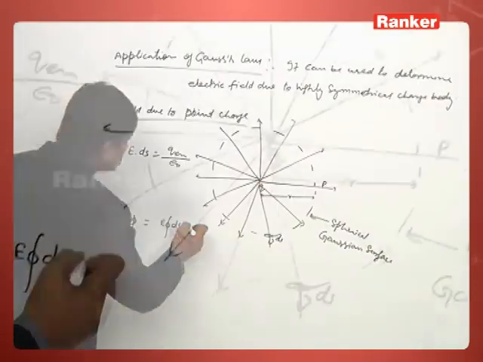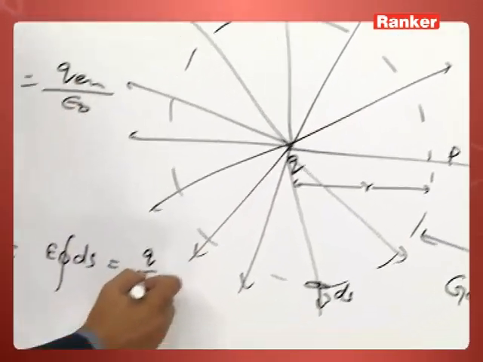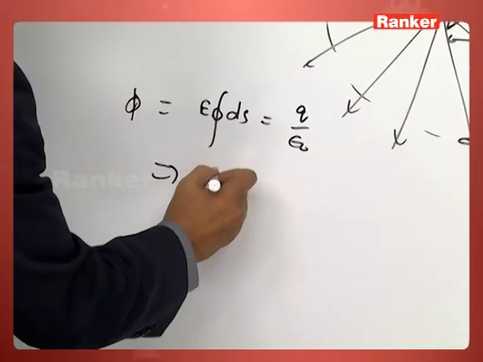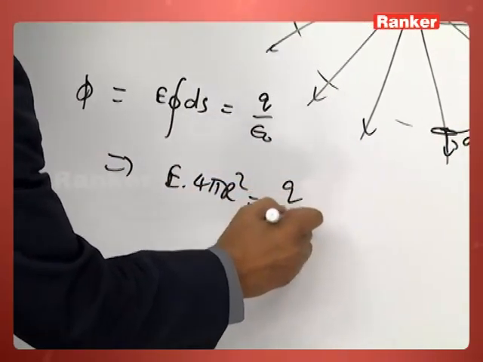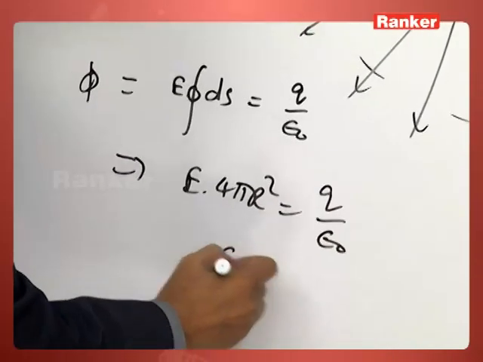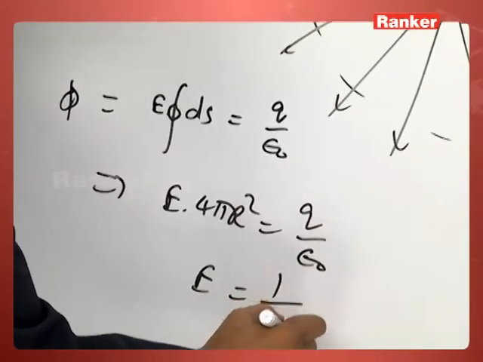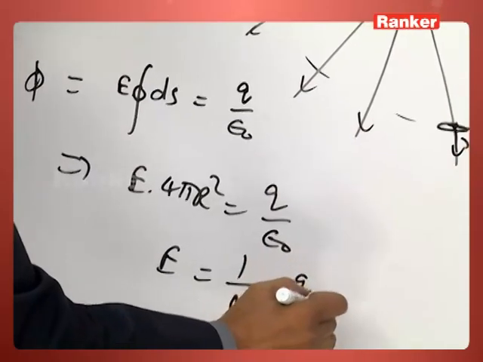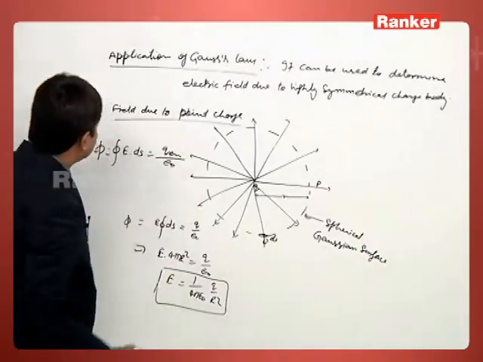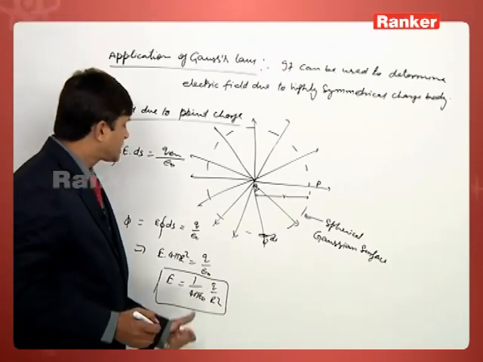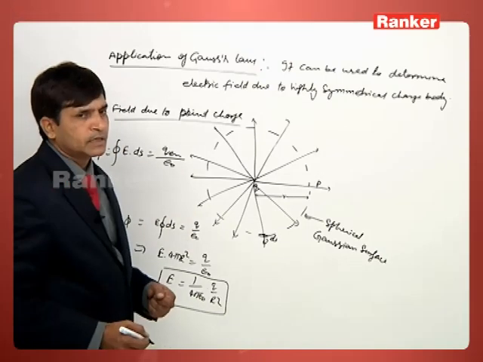How much q enclosed here? Q by epsilon naught. Then total electric field into area 4 pi r square equals q by epsilon naught. The electric field is equal to 1 by 4 pi epsilon naught q by r square. This is the electric field due to point charge by using Gauss law.